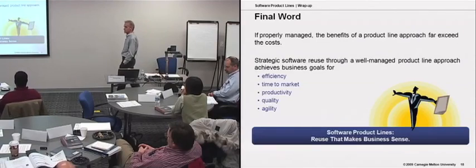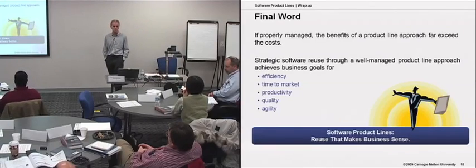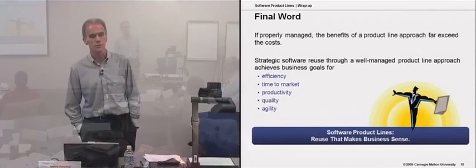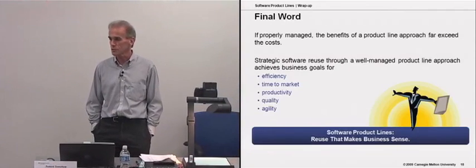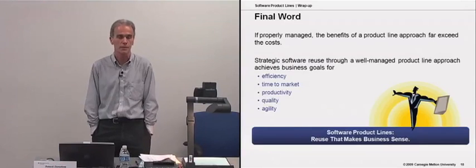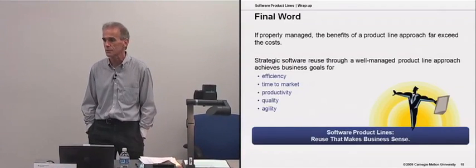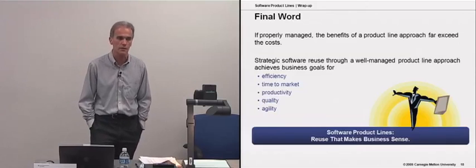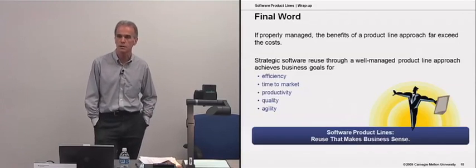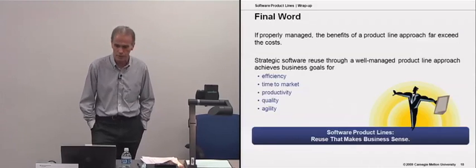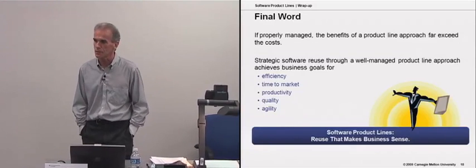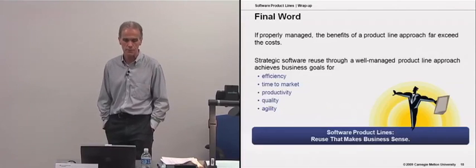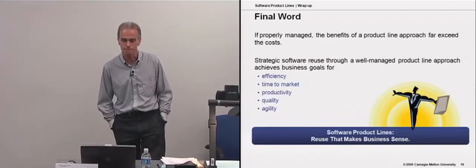The framework, in fact, is a codification of the kinds of good practice that those organizations already had in place. So you are in a much better starting point than pioneers like Celsius Tech, for example. So it can be done. You can make this part of your organization's bottom line business if you have the discipline and the leadership to follow through on the goals that were set for your product line effort.